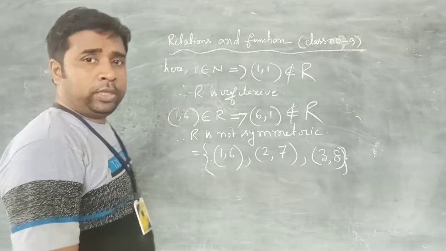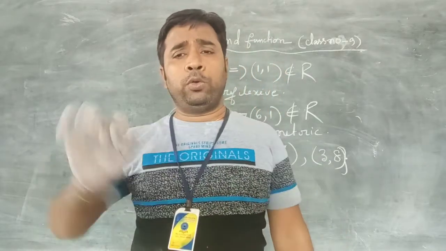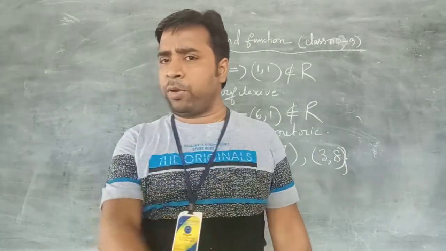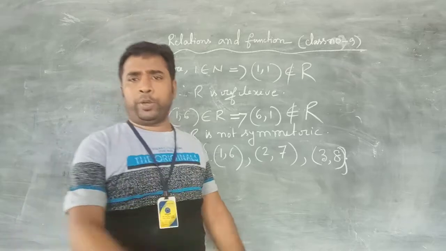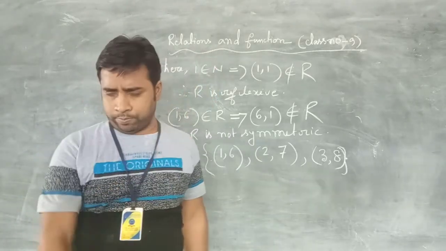Now we shall see whether this relation is a transitive relation or not. Whenever you take the elements from the relation, you have to take 2 elements. Second element of the first pair and first element of the second pair should be same.